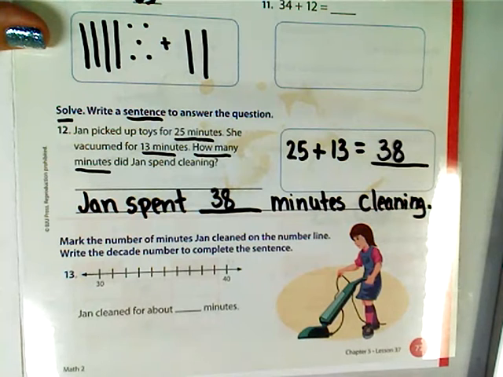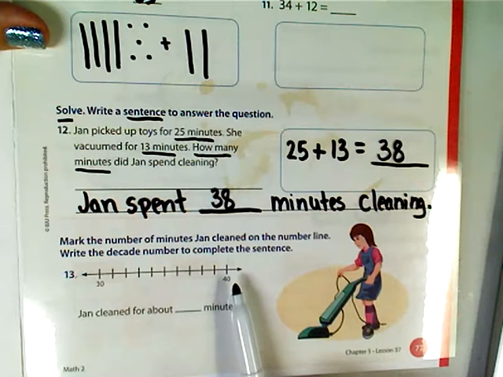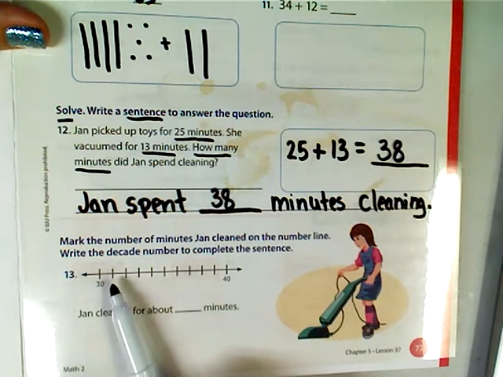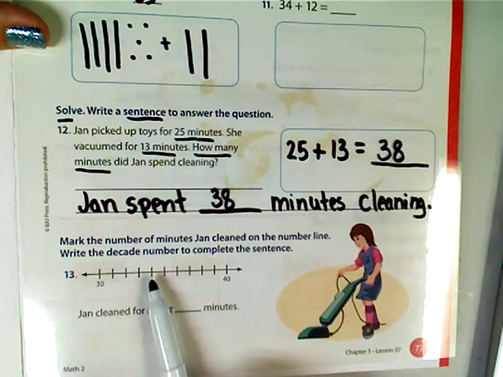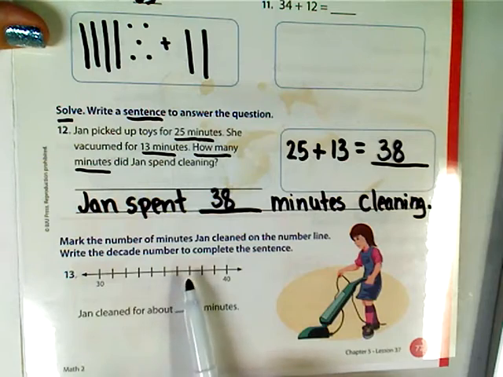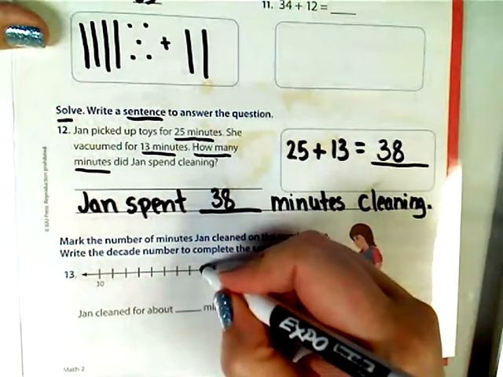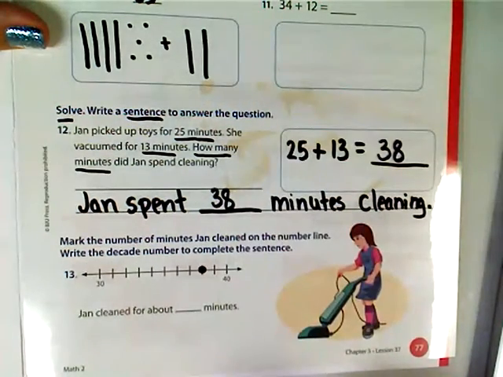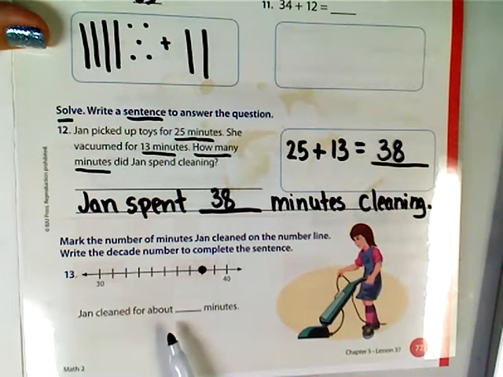Where would 38 be on our number line? If this is 30, that is 40. I know 38, we're going to count, right? 31, 32, 33, 34, 35, 36, 37, 38. Let's put a dot there on 38. And now let's answer this question here. Jan cleaned for about.